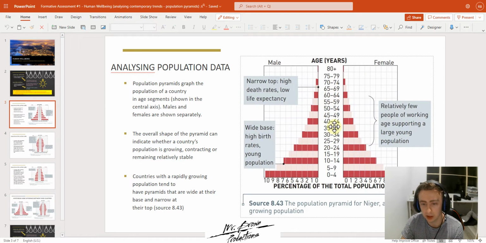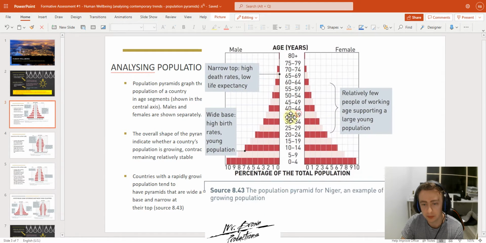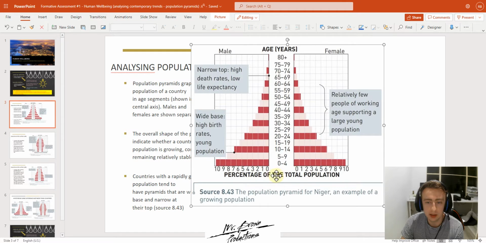When we're looking at a graph like this, I'll just move this over a bit so you can see, we've got the percentage of the total population down the bottom on this axis, and then on this axis here we have the age in years of the population.